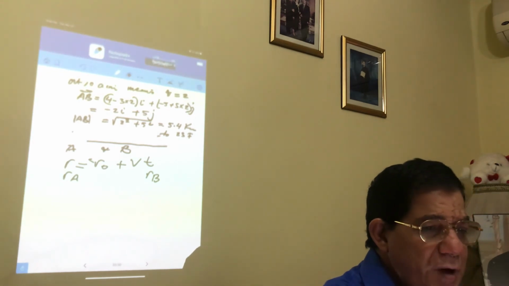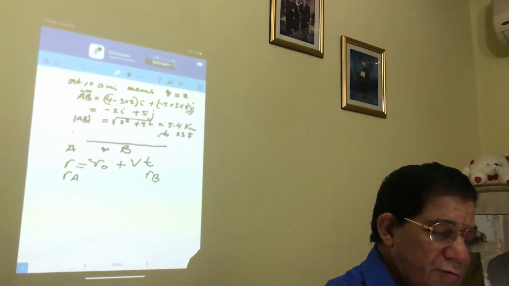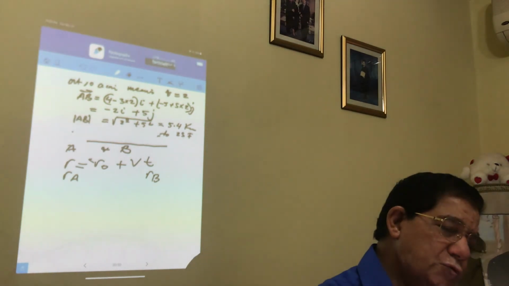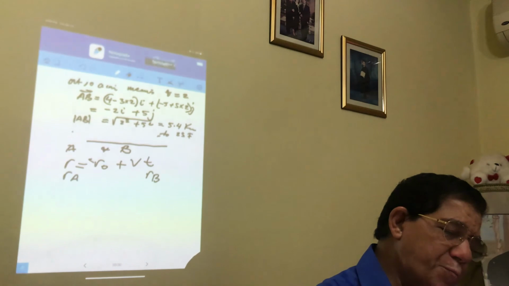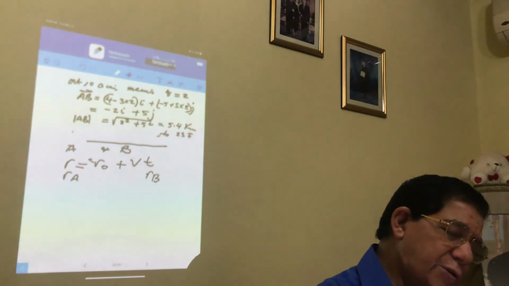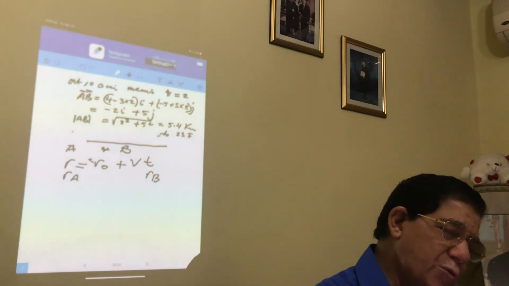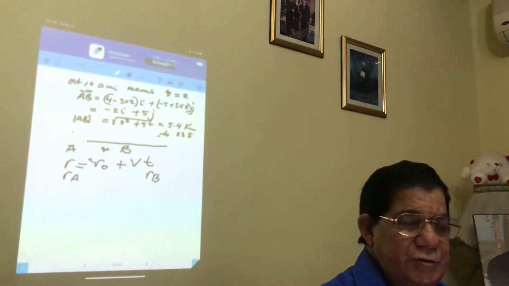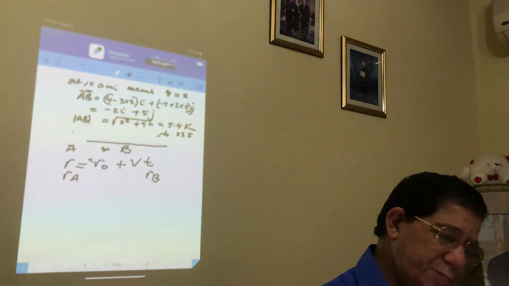They may say to show that they collide. We equate RA and RB. We take the i part here, equate it with the i part there, and find t. We take the j part here and the j part there, equate them, and get t. If we get the same t, it means they collide. If we don't get the same t, they don't collide.